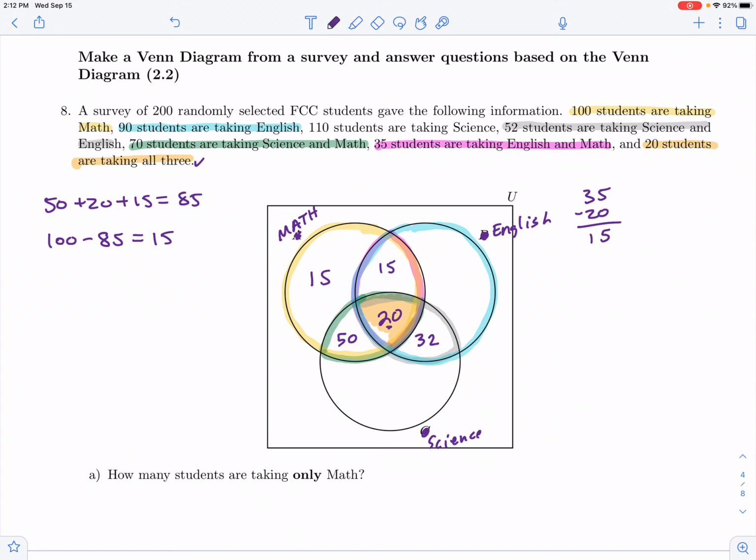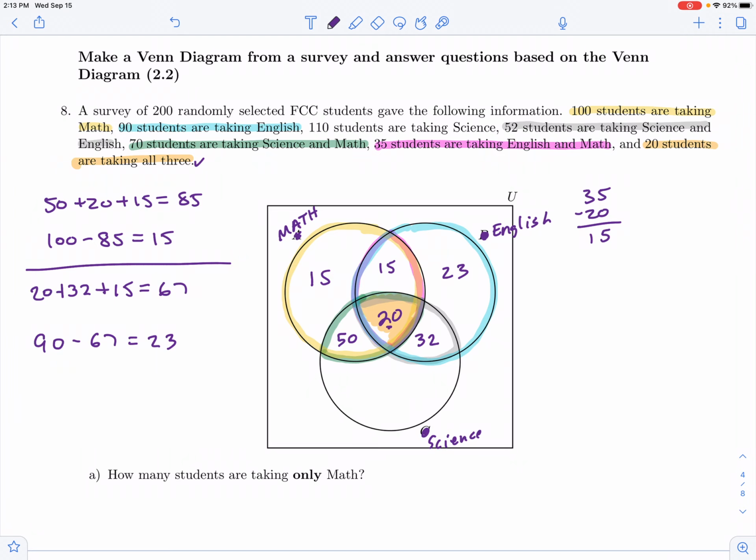Let's add those together first. 20 plus 32 plus 15 gives us 67. And there are 90 students total. So if we subtract 67 from 90, we get 23. So there are 23 students just taking English in this case.